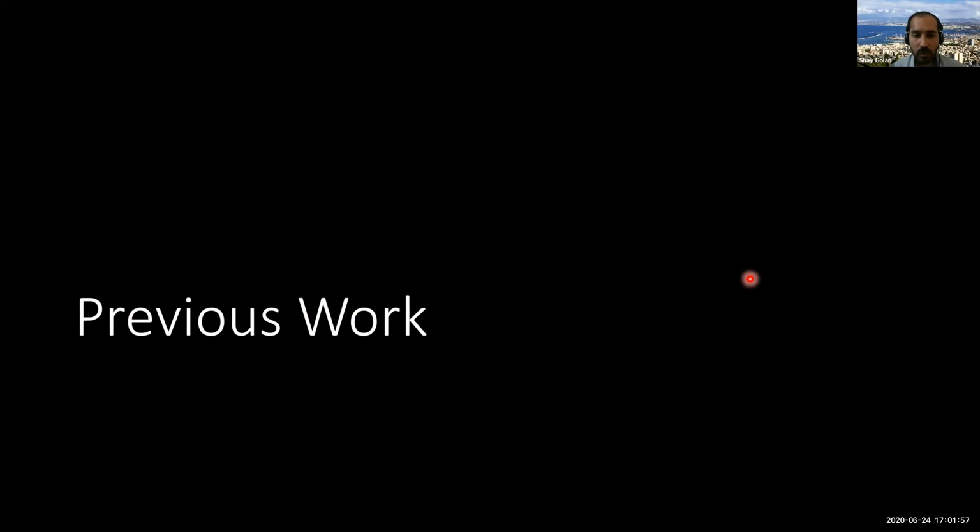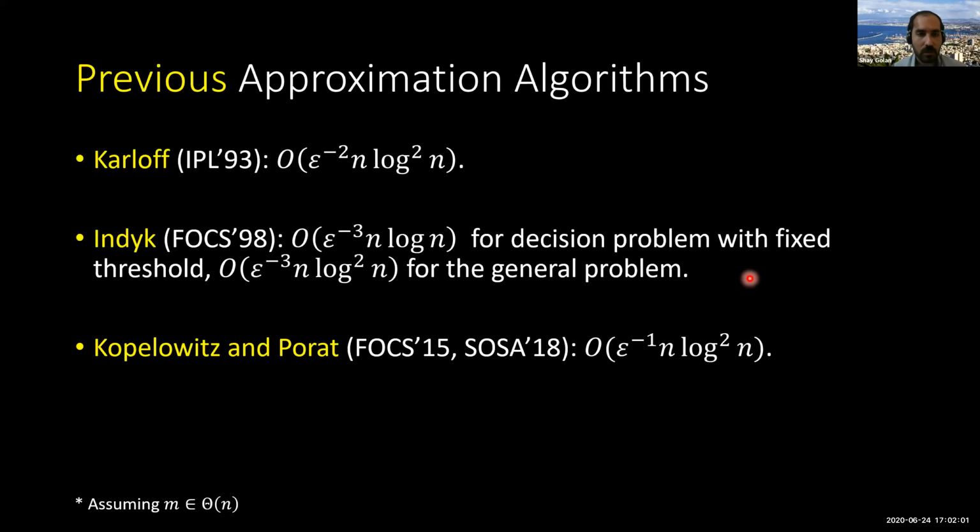So what is known about this problem? So the first algorithm to consider this version of the problem is by Karlov from the 90s, and its running time is epsilon to the minus 2 n log squared n.